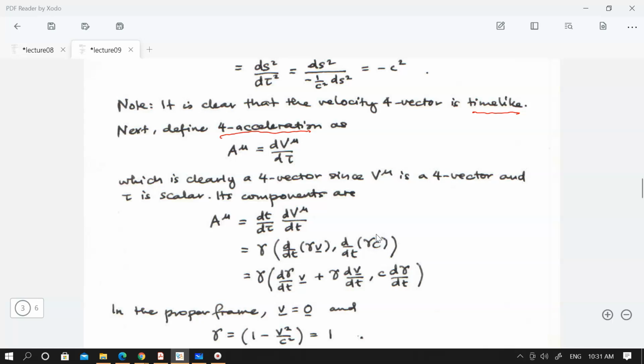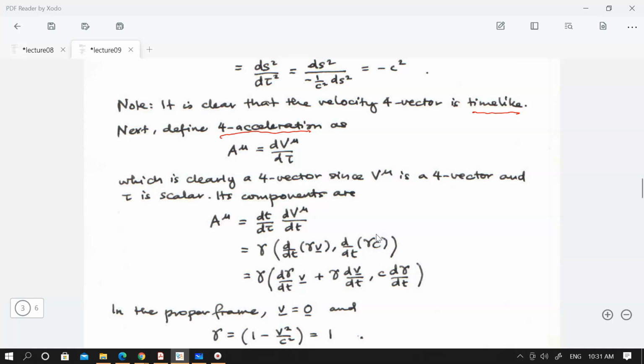So dt d tau is gamma, and d dt will operate on the components of v mu, and the components of v mu are gamma v and gamma c. Remember that earlier. So gamma is constant with respect to time.